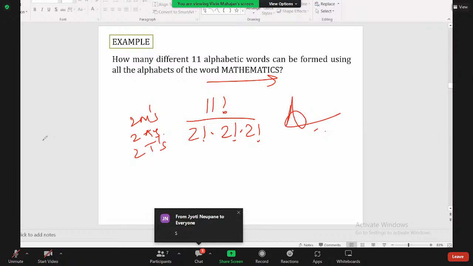Okay. Last final question for the day. How many words with or without meaning can be formed with all the letters of the word equation? So what will be the answer for this word?